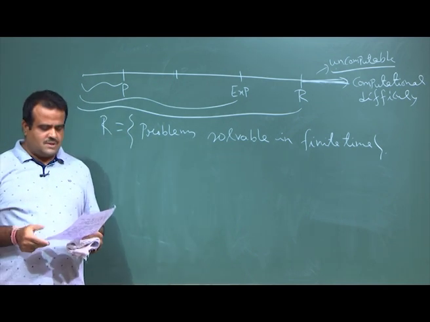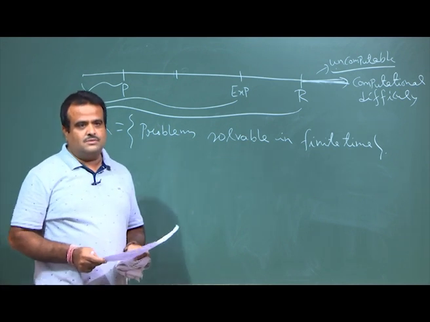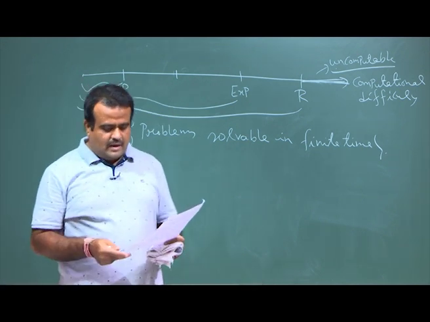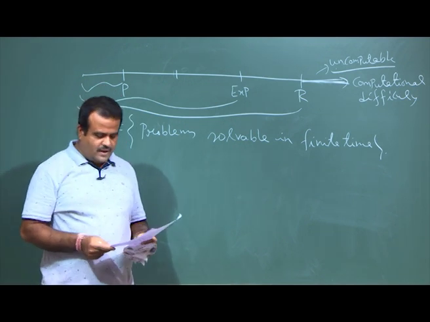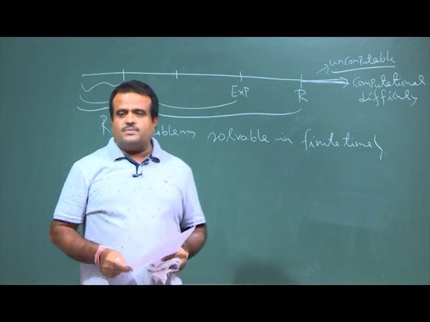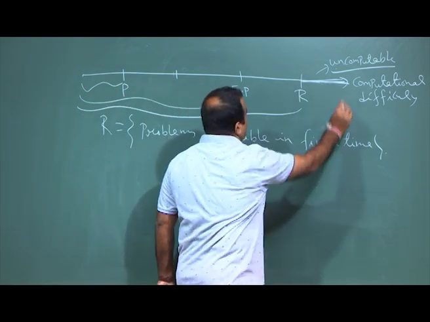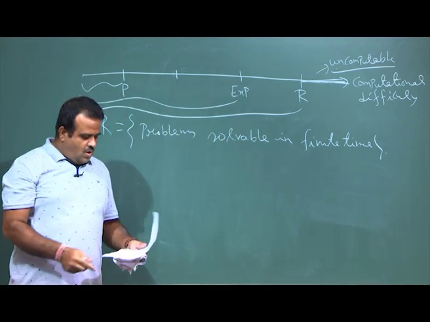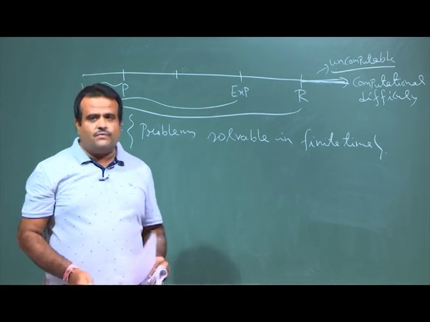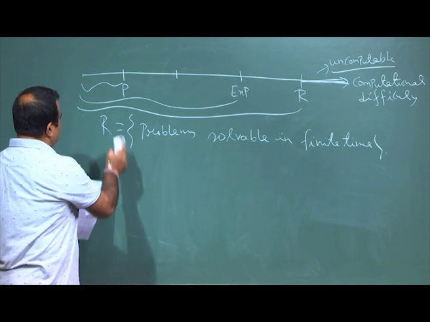So, these problems are undecidable; they have no solution in a finite time. In fact, most of the problems are in this range. We will prove that most of the problems are in this range, which are uncomputable. Now, let us take some examples of problems which belong to these classes.